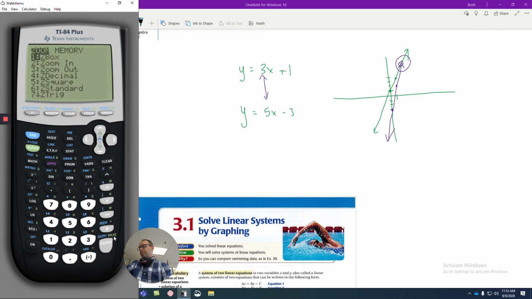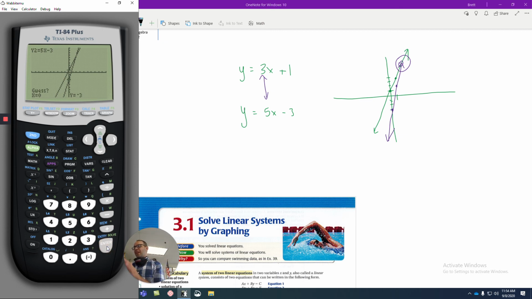The other option, if I go back to a regular image of this graph, if I only have two graphs showing, is to do a calculation, which is right up here by the trace button. So second, trace, and I would look for number 5, intersection. And it's going to ask me a series of questions. Is this the first curve? Sure, I press enter. Is this the second curve?